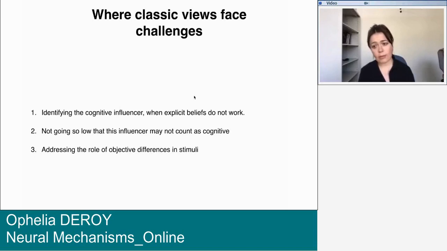But here one issue is that even if someone finds a correlation between the strength of performance on an implicit association test and the strength or the susceptibility to this perceptual bias, it's still not clear that this candidate counts really strongly as a cognitive candidate.